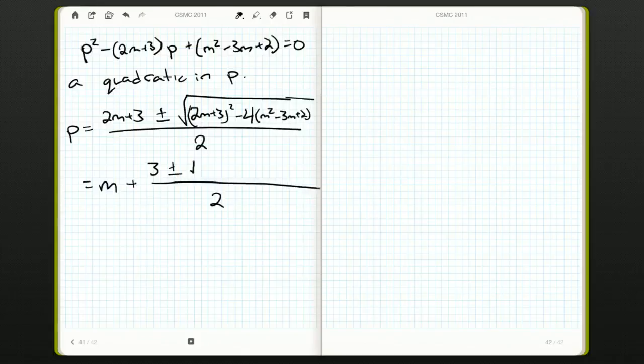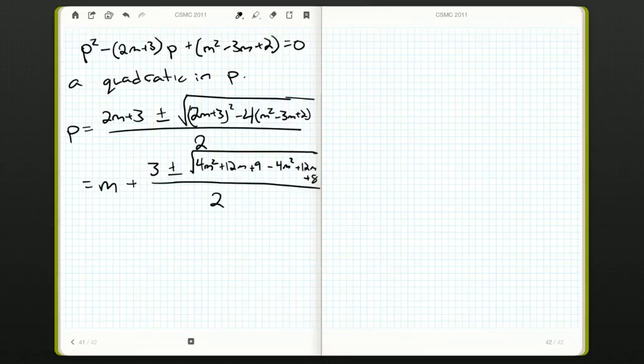Okay. So that's going to be 4m squared plus 12m plus 9 minus 4m squared, so that cancels out, that's great, plus 12m plus 8. Now let's double check, just because this 12m, I would hope that it actually canceled out with that 12m.